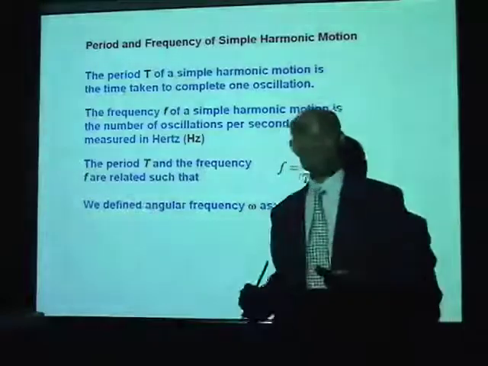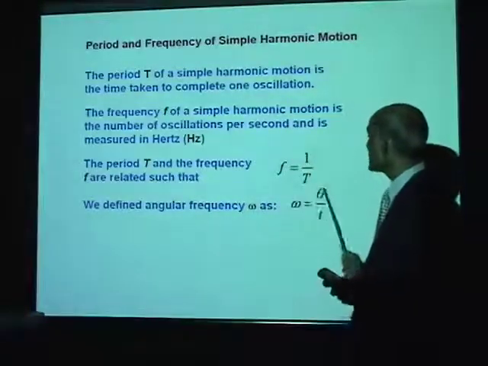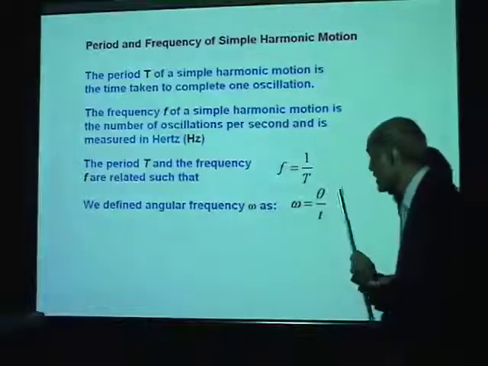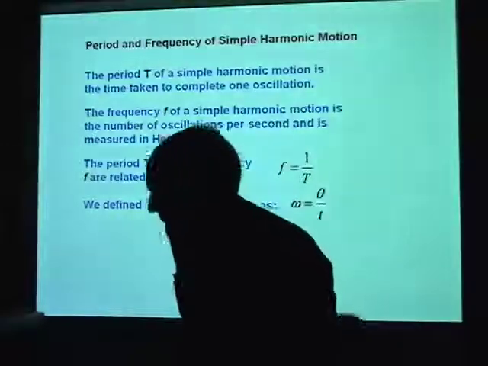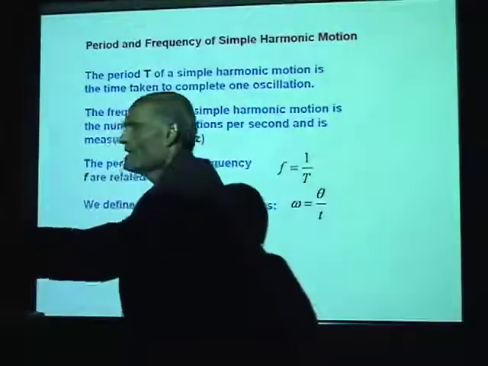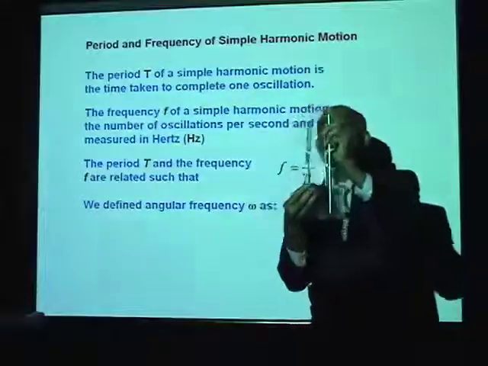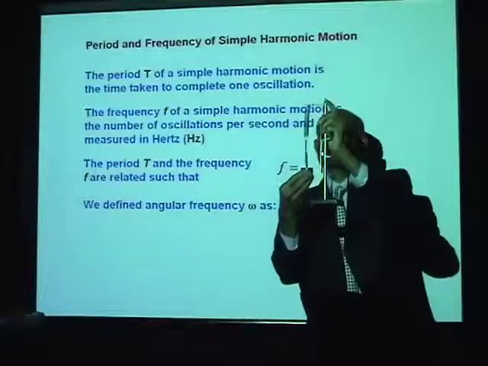And do you remember we defined omega? What's omega? Omega is theta over t. Angle described divided by the time taken. Now tell me, when the angle is 2 pi radians, what does that mean? Now, what's it again? Equilibrium position.